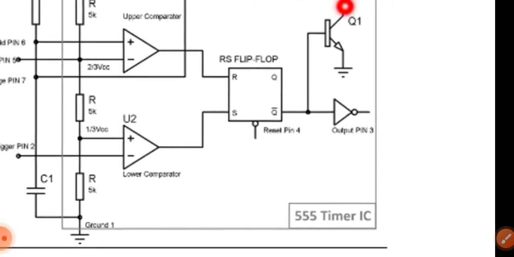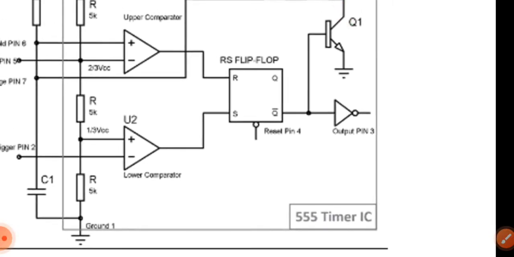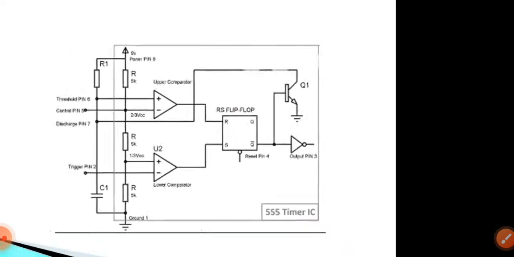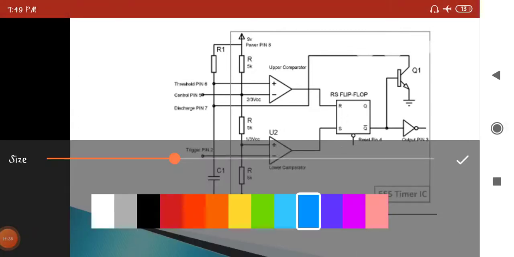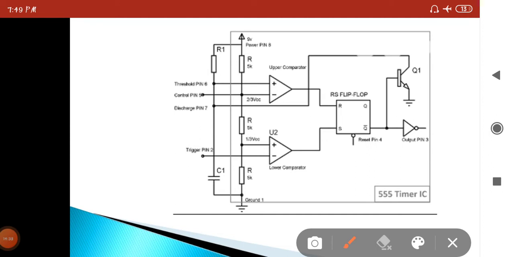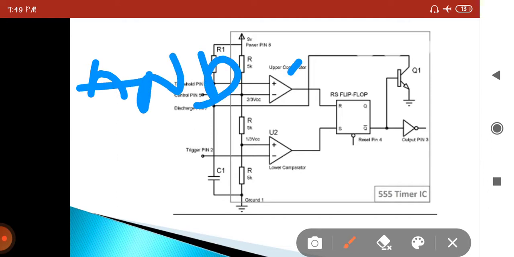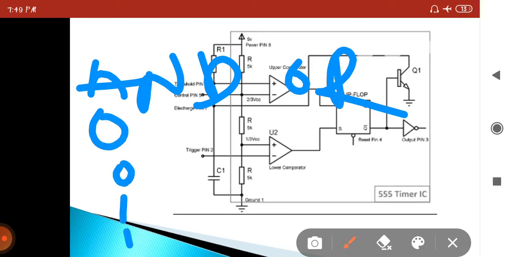Q1 is a transistor. This is called an SR flip-flop. It is new to you, but you can understand it in a simple way. In your PUC, you have studied the truth table of the AND gate and OR gate, how it comes 0 0 1 1, 0 1 0 1.